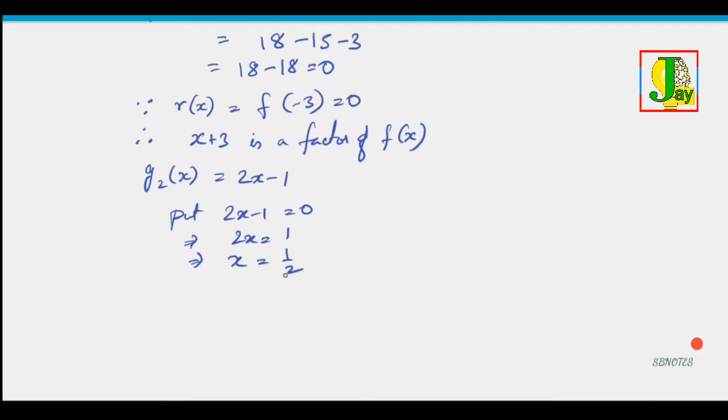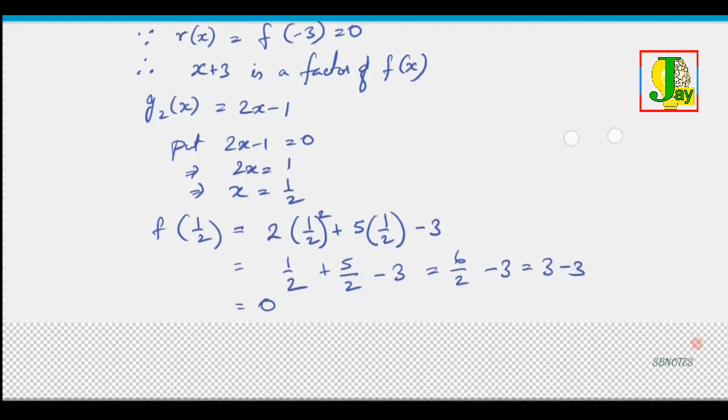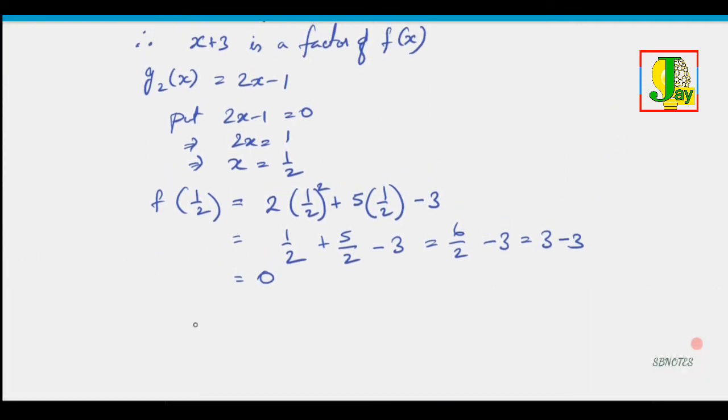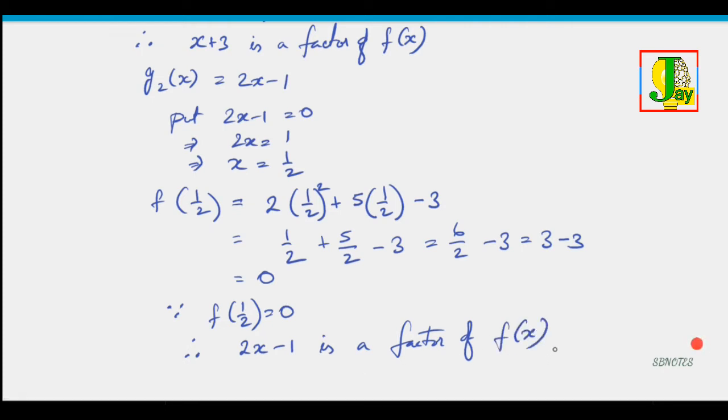So at x equals half, f of half equals 0. Since f of half equals 0, therefore 2x minus 1, or g2(x), is a factor of f(x). That's it.